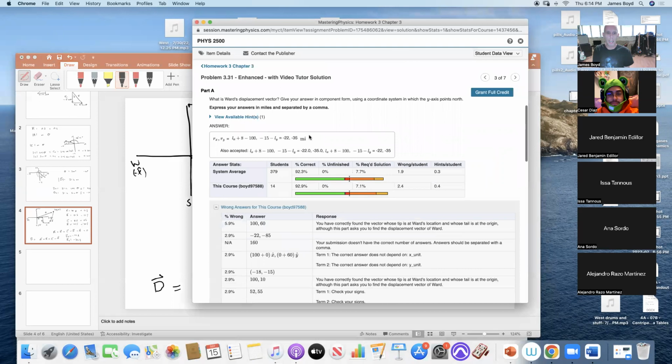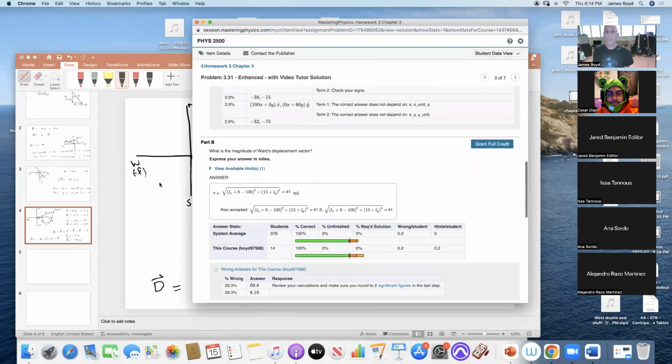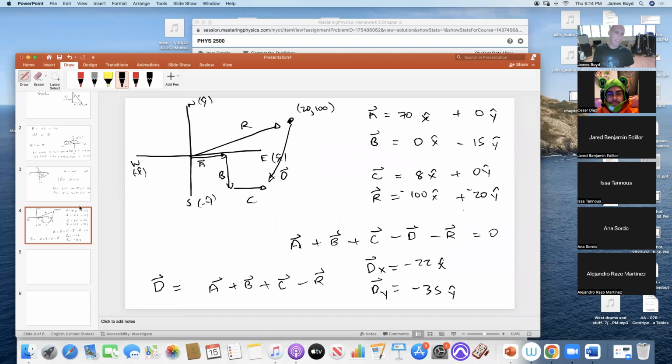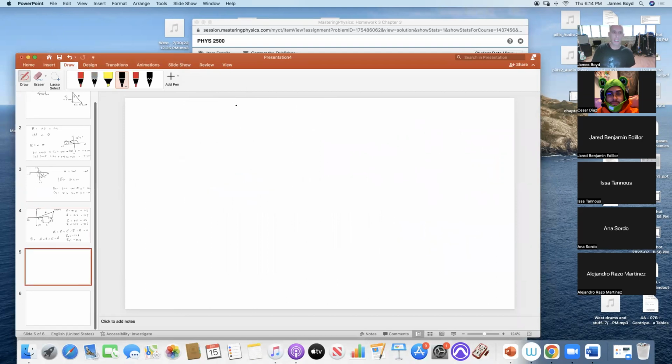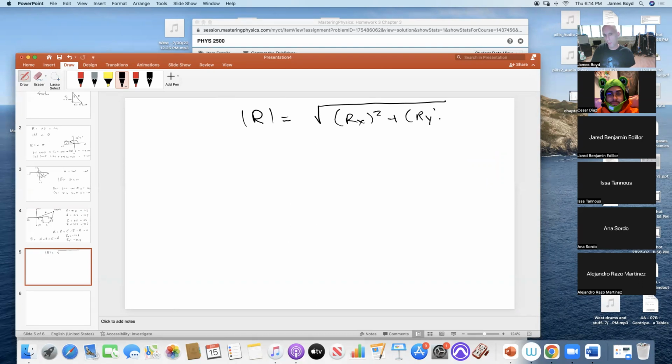All right, now we want to know the magnitude of Ward's displacement vector. The magnitude of any vector is its components squared and summed together. So you take the x component and the y component and square them. For Ward's, which we call d, this will be dx squared plus dy squared, with dx negative 22.